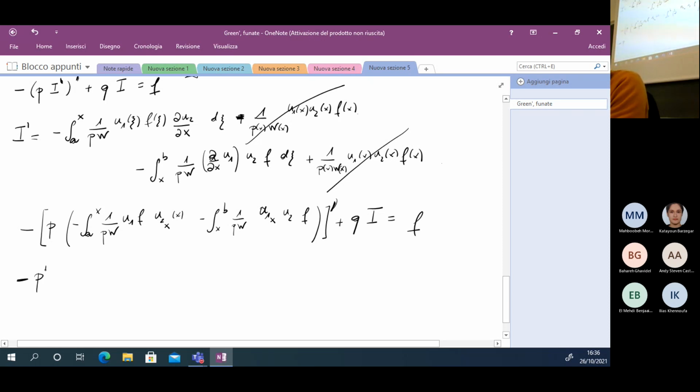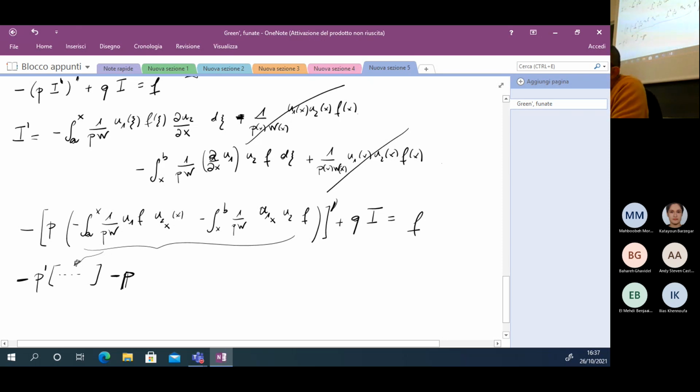Then I have p prime times all this thing that is here. And then I have p times the derivative of what is here in parentheses.